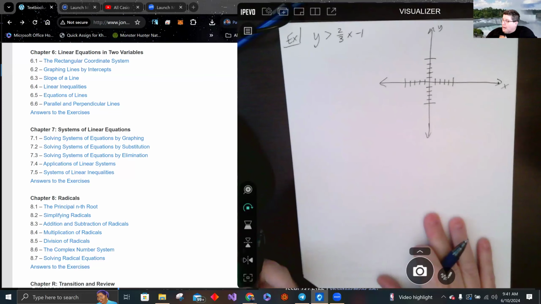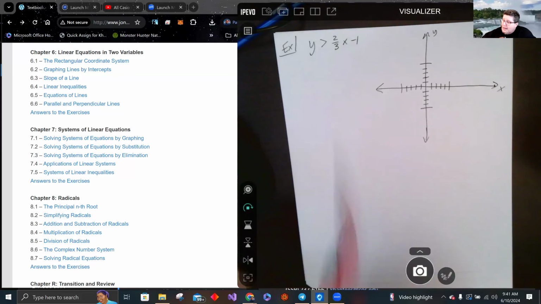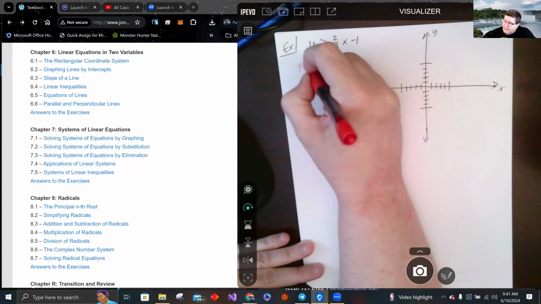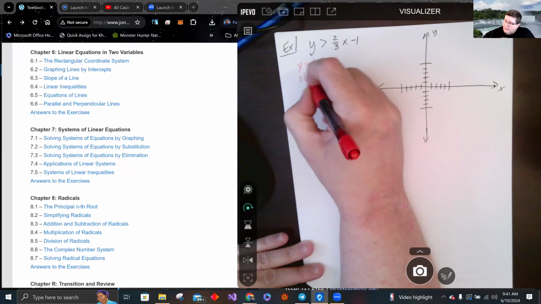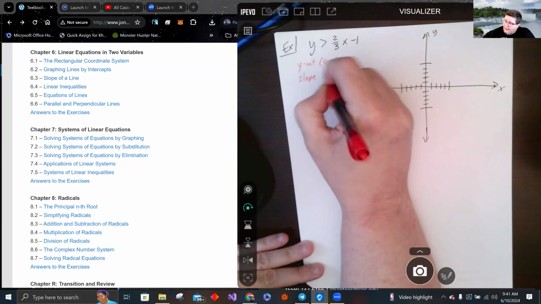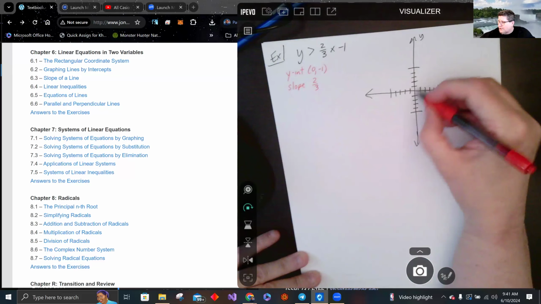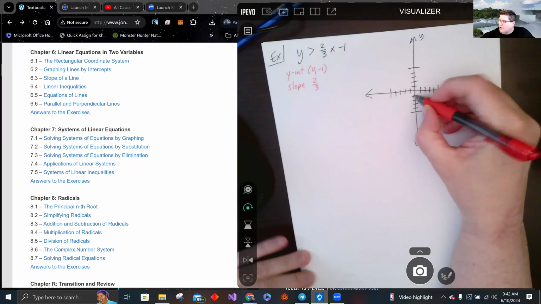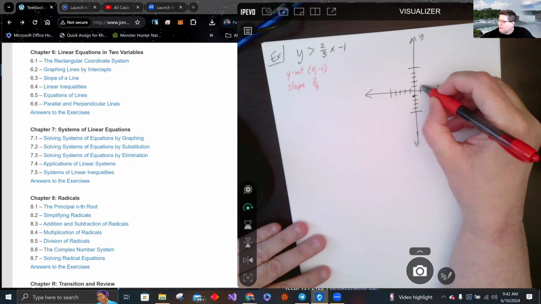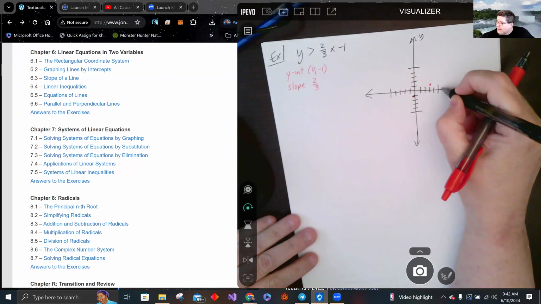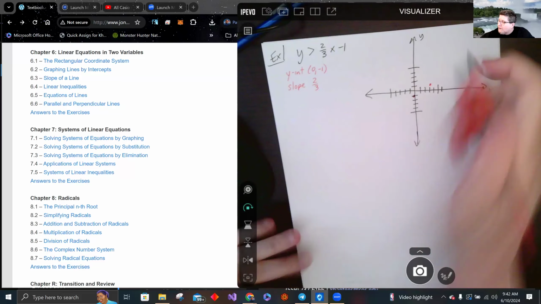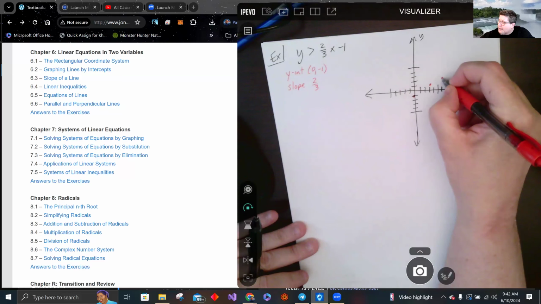So what we're going to do is we have a y-intercept of 0, -1, and a slope of 2/3. So 0, -1 is here. We're going to rise 2 and run 3. Rise 2, run another 3.